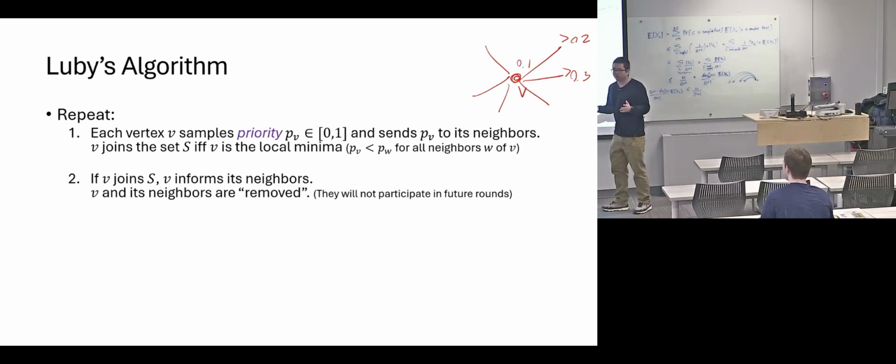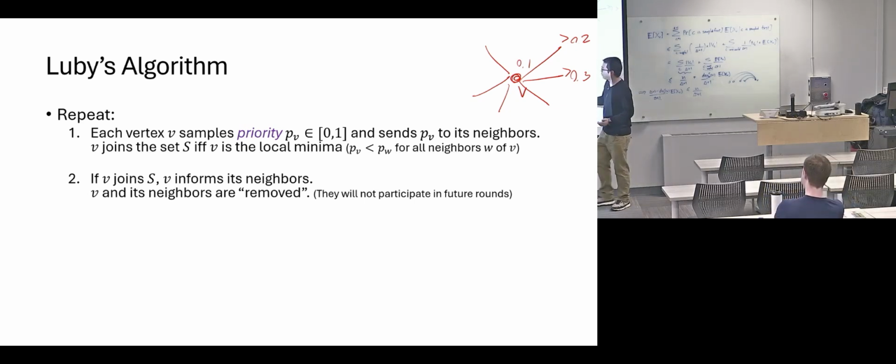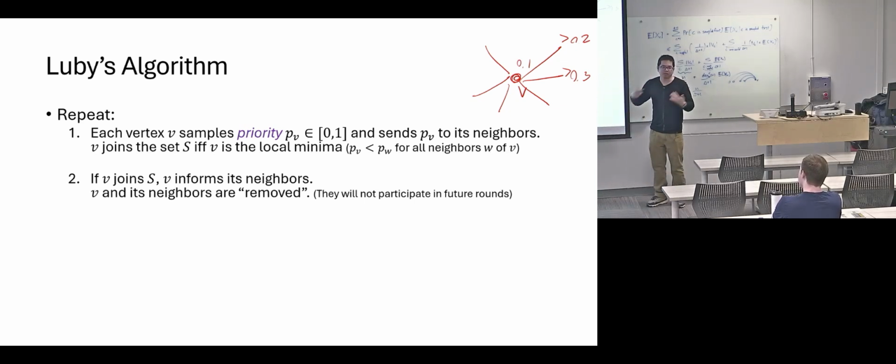What do you mean by removed? It means that they will not participate in future rounds from now on. Think of it like you remove them from the graph. If I receive any message, I ignore it. I don't do anything.